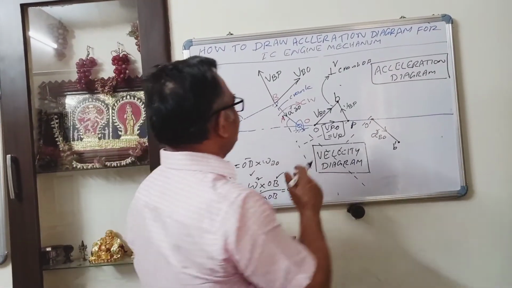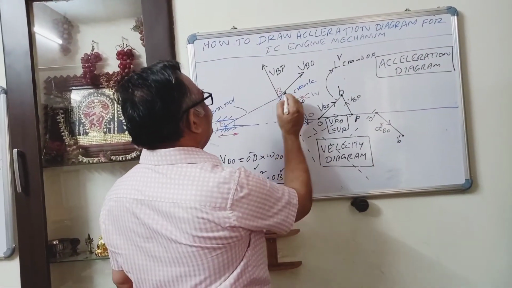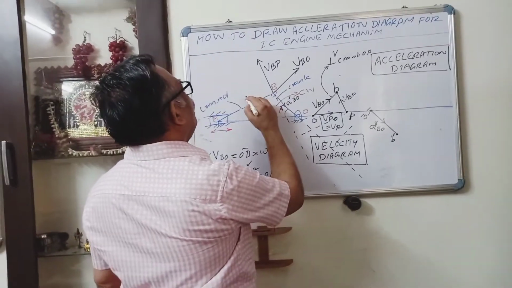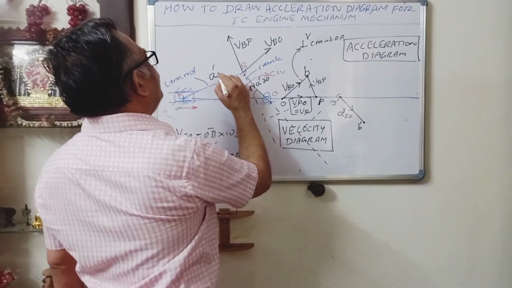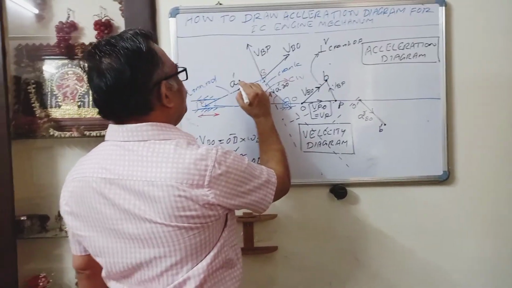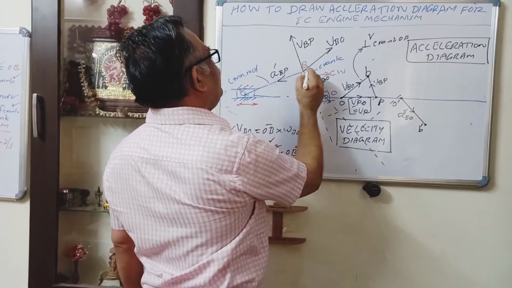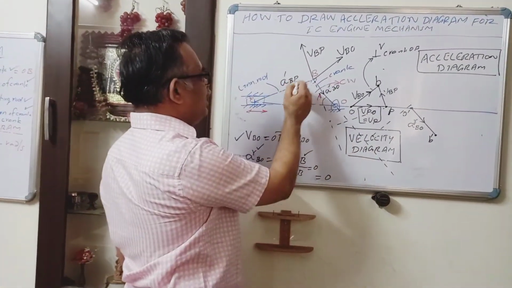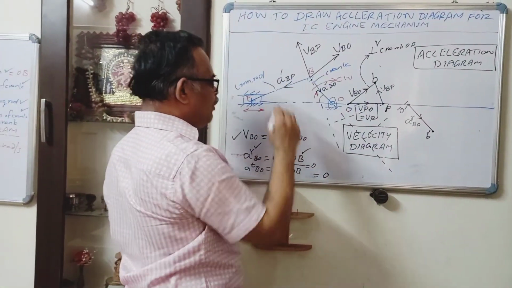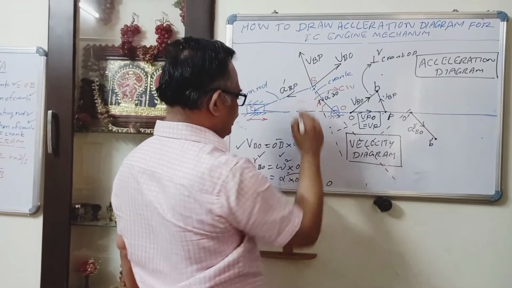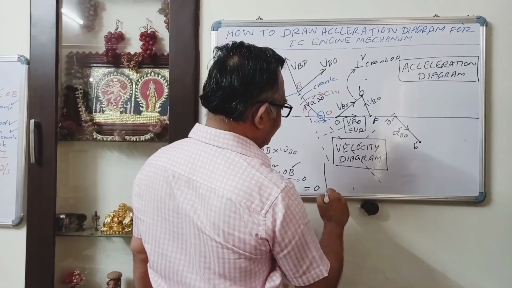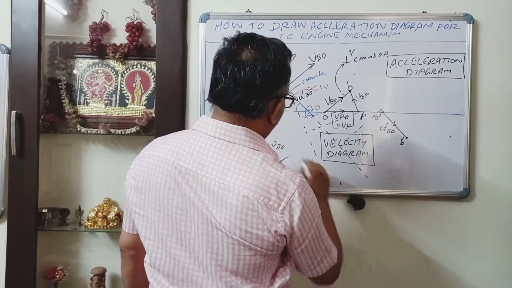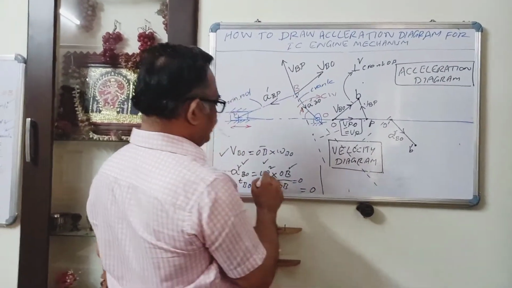So next thing is we have to find out the acceleration of B with respect to P, which will be along this, right? How will you find this acceleration of B with respect to P? To do that, first of all, we should know the omega of BP, because omega should be known.